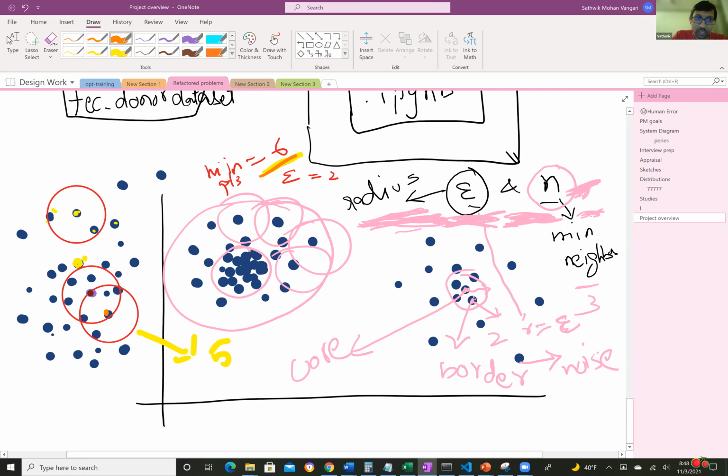With respect to the purple point, this orange point is a border point. When you look at the other circle, you are not saying this is a core point because it's the center of the circle. That's not the concept here. These circles are just drawn to visualize what a neighborhood means. In reality, no circles are drawn. These are not the borders that are being checked.